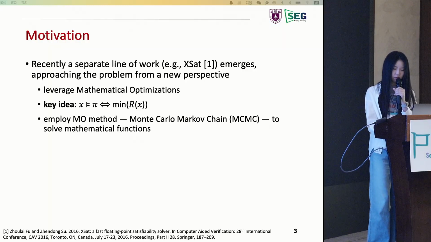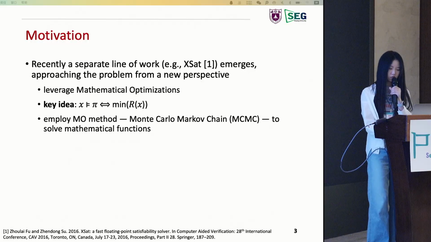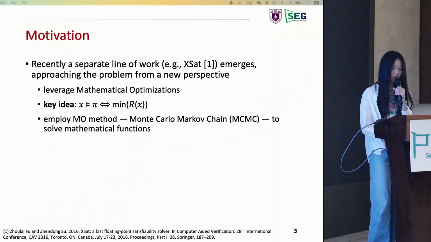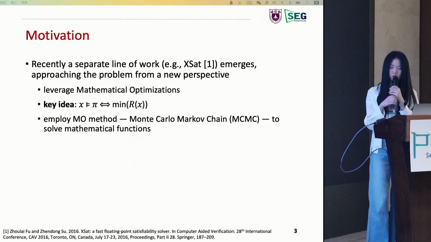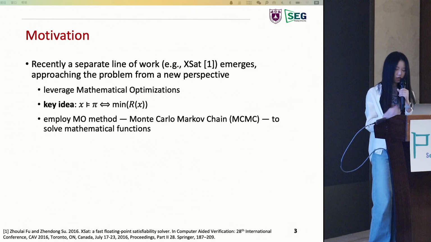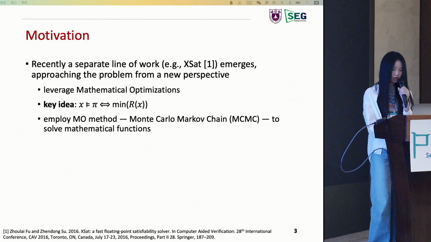The key idea of XSat is to reduce the original constraint pi into a mathematical function R, such that finding values of x to satisfy pi is equivalent to finding values of x to achieve the global minimum of R. And they employ Markov chain Monte Carlo to solve the mathematical functions. XSat has proven to be both effective and efficient, outperforming existing SMT solvers like these three by a large margin.